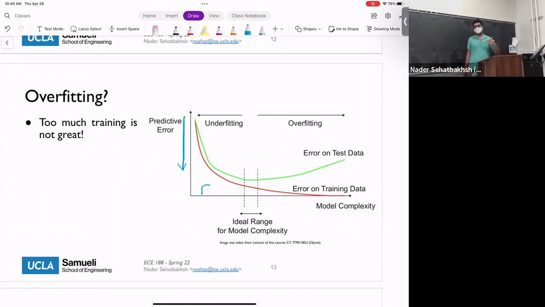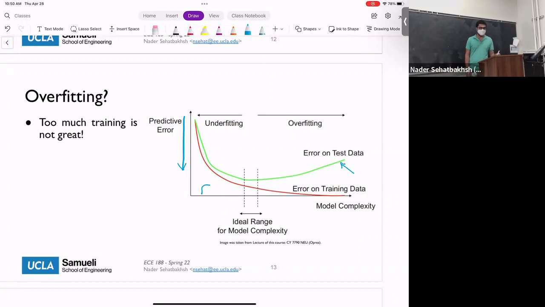Lower is better, right? So you want to reduce the error. This red one is the error during training, and this green one is the error during inference. During inference you have no control, for now. What you have control of during training is this red curve here.